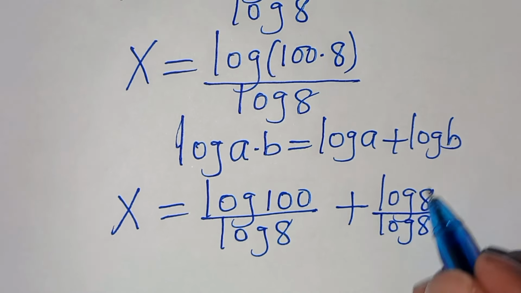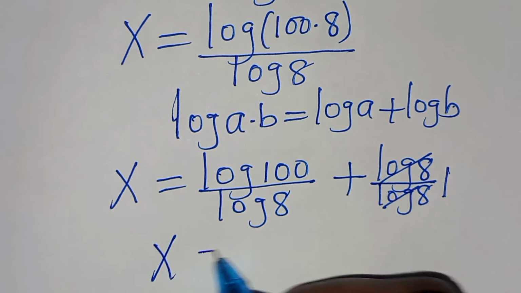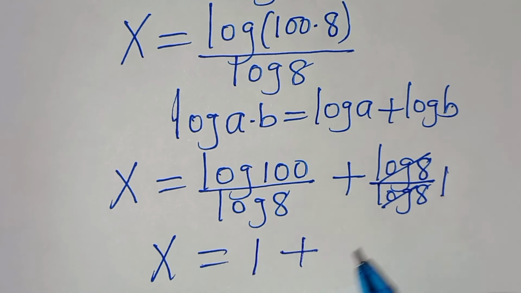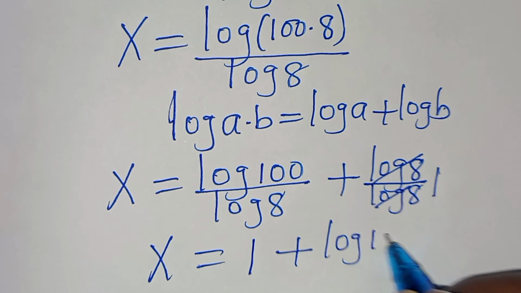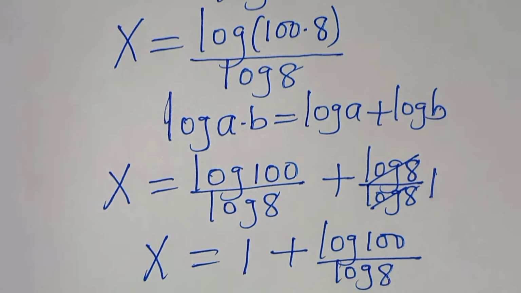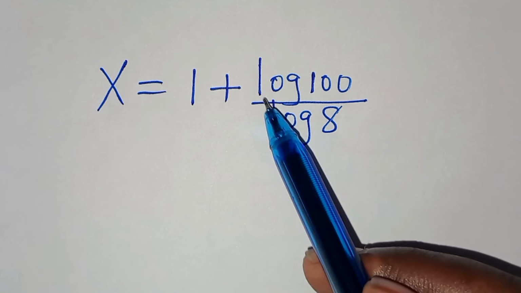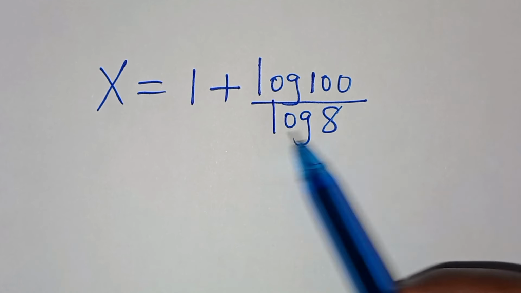So we have that log 8 and log 8 here simplifies. So we have x is equal to 1 plus log 100 divided by log 8.